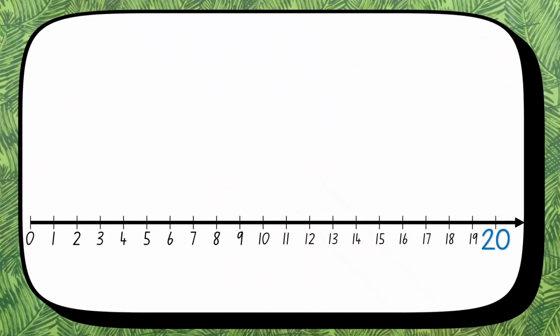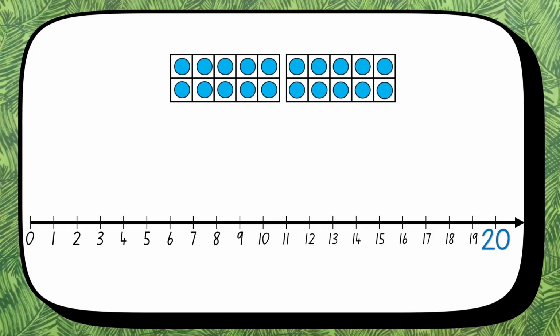So now that we know that 20 is made up of 2 10s, let's have another look at our number line. Can you think of a faster way to reach 20 without counting by ones? We've just seen that 20 is 2 groups of 10. So let's make one jump for each 10.